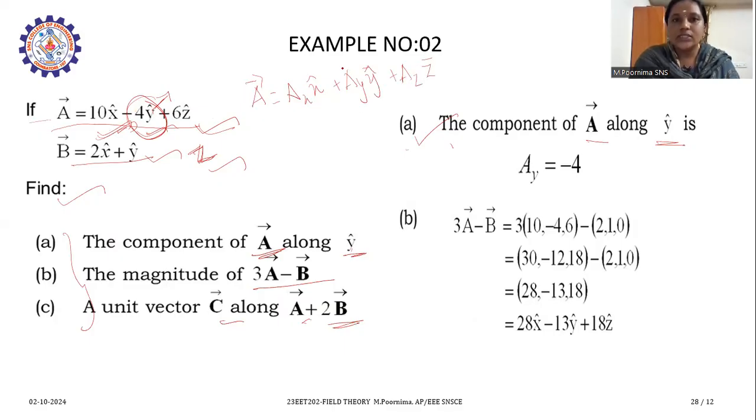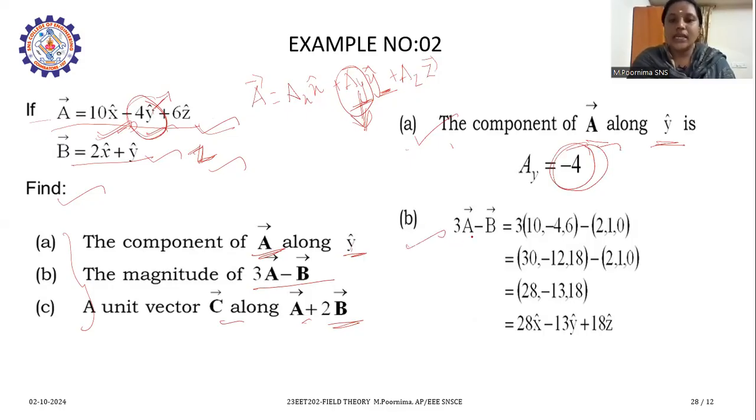Here we can see what number is in the place of ay. That is minus 4. So the component of vector A along y is minus 4.